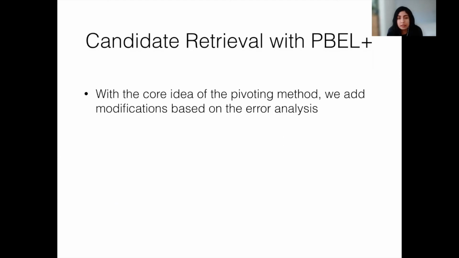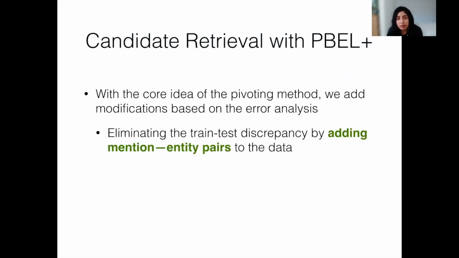Using the core ideas of the pivoting method that we introduced in the previous part of the talk, in this part, we discuss modifications based on an in-depth analysis of the entity linking results from that method. The first of these modifications is adding mention entity pairs to the training data in order to eliminate the discrepancy between the train and test mention types.